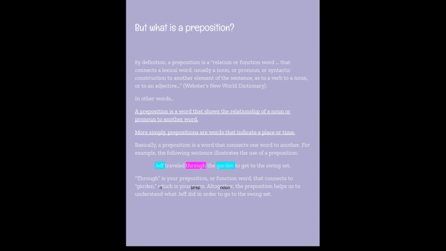After you locate the prepositional phrases, you have to ask yourself what the sentence is about or what is the subject. The subject is Jeff, and the prepositional phrases indicate what Jeff did or where Jeff is going. So we know that Jeff is going through the garden to the swing set.